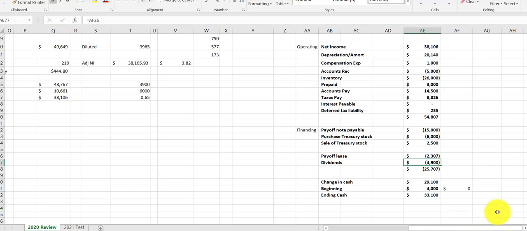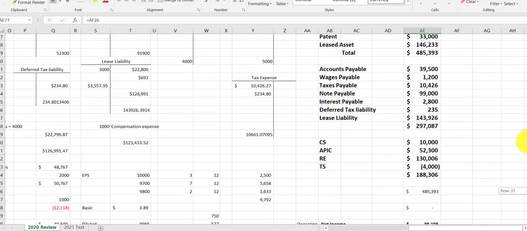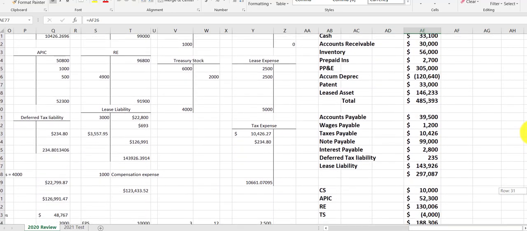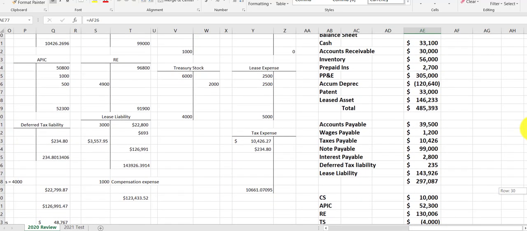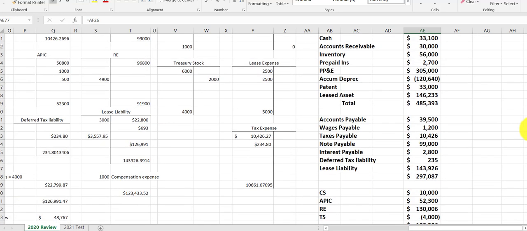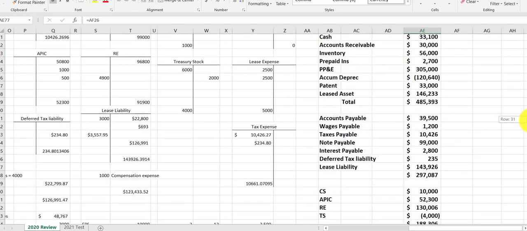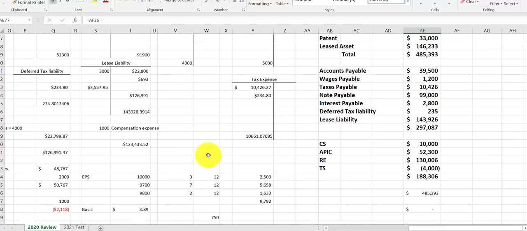So make sure you have this balance sheet specifically correct, because that's your starting point for 2021. So you want to make sure you start with, even if you made mistakes here, you make those corrections so you start with the correct numbers on your balance sheet so you're ready to go in 2021.